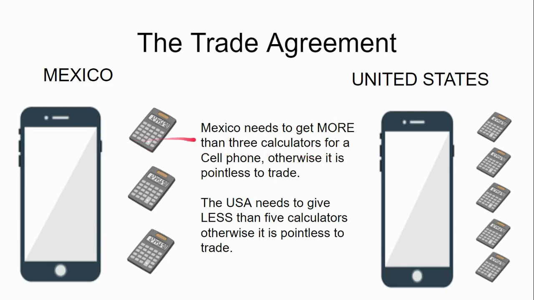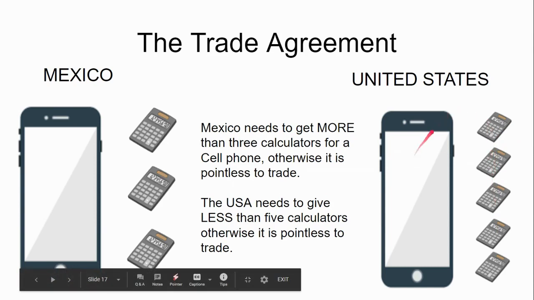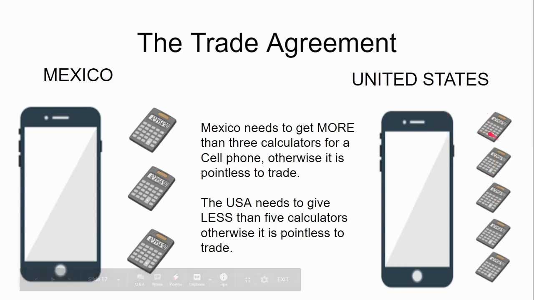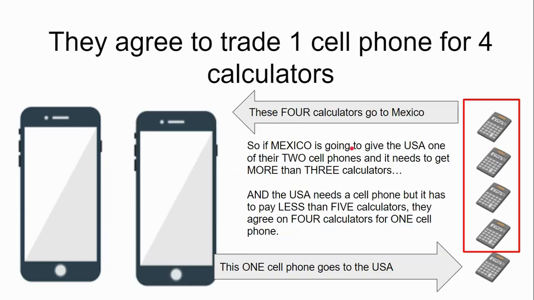Otherwise, it is pointless to trade. If it's going to give one of these up, it needs to get more than this. The USA needs to give less than 5 calculators. If I could make this or this, it's not worth it to trade 5 calculators for 1 cell phone. So I'm going to want to trade less than 5 calculators for a cell phone. So you can probably imagine what the number they agree to might be.